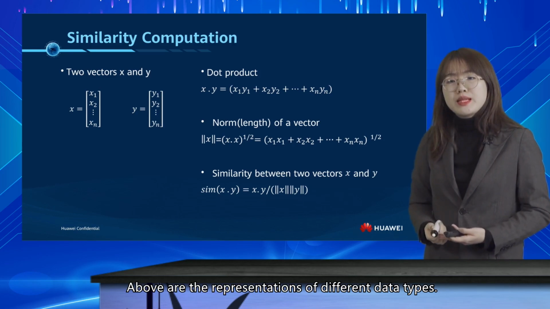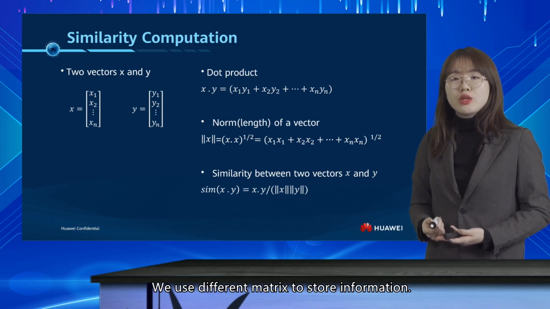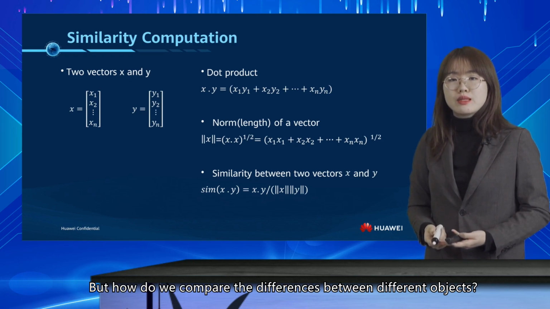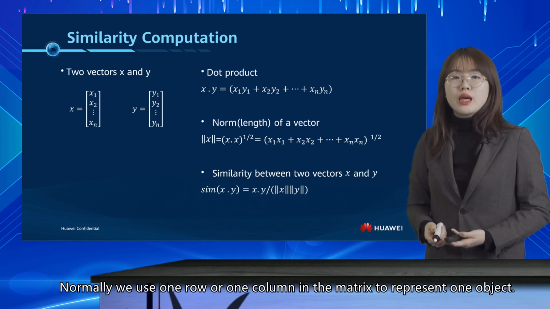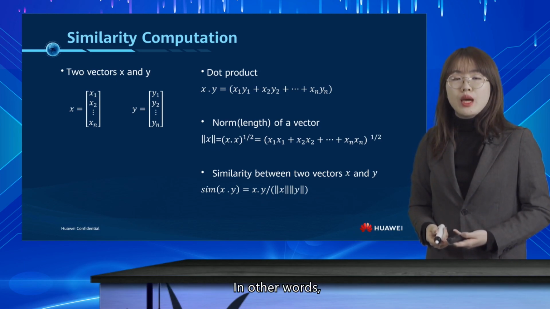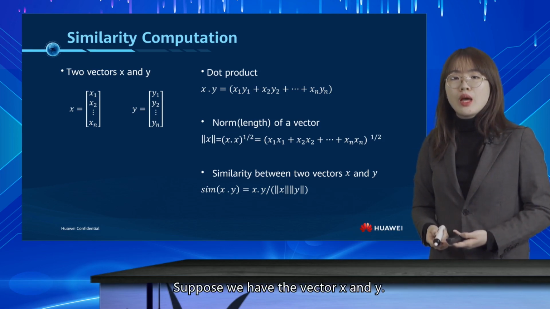Above are the representations of different data types. We use different matrices to store information. But how do we compare the difference between different objects? Normally, we use 1 row or 1 column in the matrix to represent 1 object. In other words, we need to use the vector to compute the similarity.